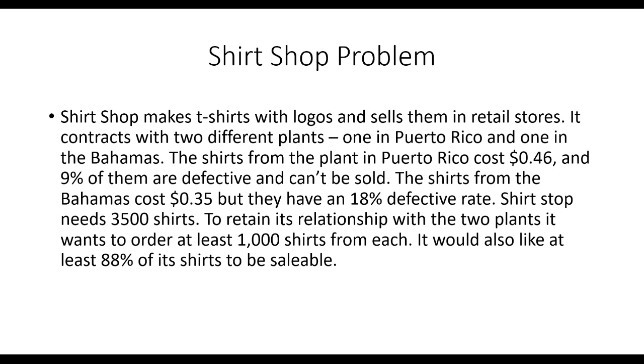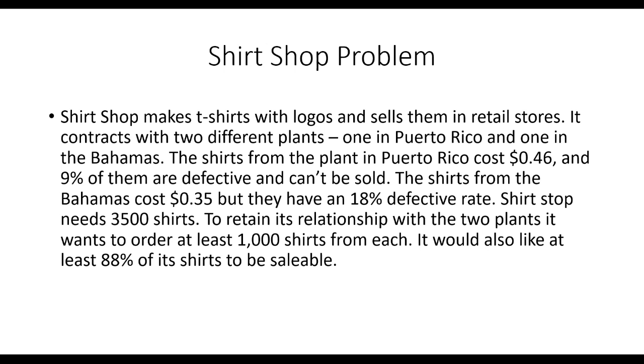Our next constraint, we see that we have to order at least 3,500 shirts. So x1 plus x2, the total from both factories, must be greater than or equal to 3,500. And our final two constraints, to retain its relationship with the two plants, it wants to order at least 1,000 shirts from each.